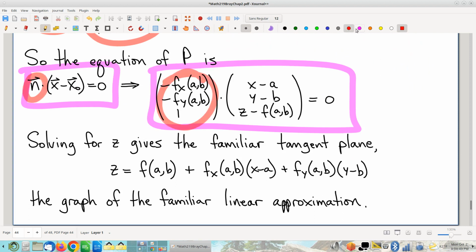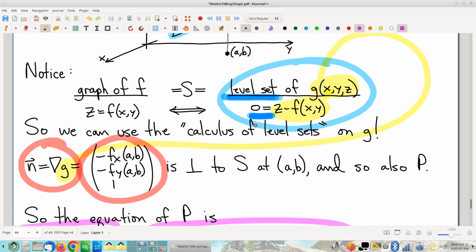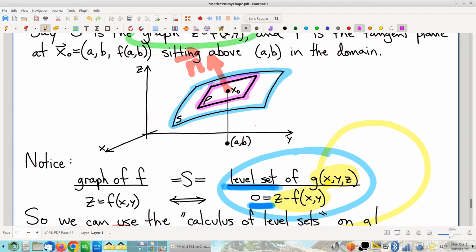And the equation of the plane, yeah, you got to multiply some stuff out and move some terms around, collect some things, and what you get is our old, previously noted formula for the equation of the tangent plane. So, different way of coming at it, right? And so, as previously discussed, the big trick here, the thing that makes it all work, is that I took something that was given to me as a graph, and I reinterpreted it as being a level set instead.